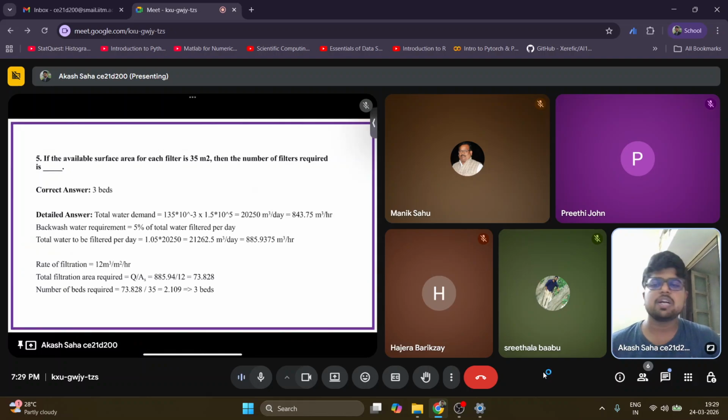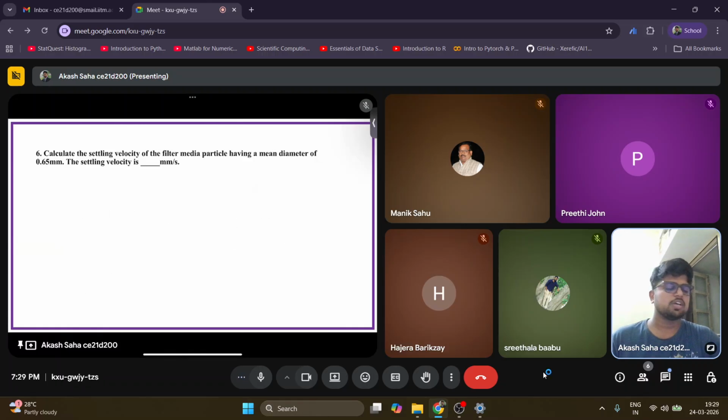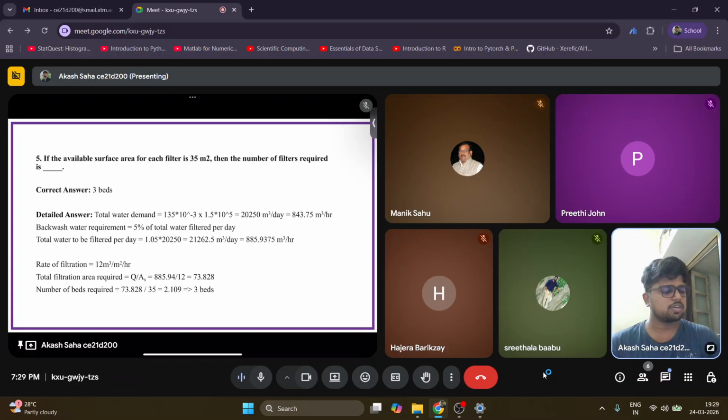Next, calculate the settling velocity of the filter media particle having a mean diameter of 0.65 mm. The settling velocity is in millimeter per second. So you have to find out the settling velocity. The particle diameter is given. So how to calculate the settling velocity?